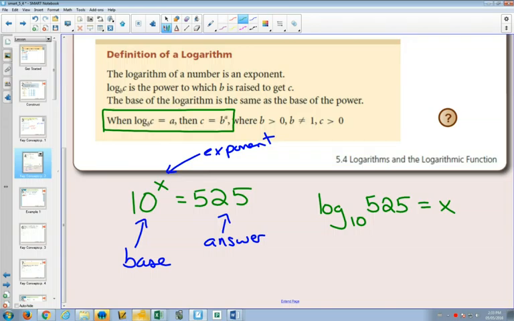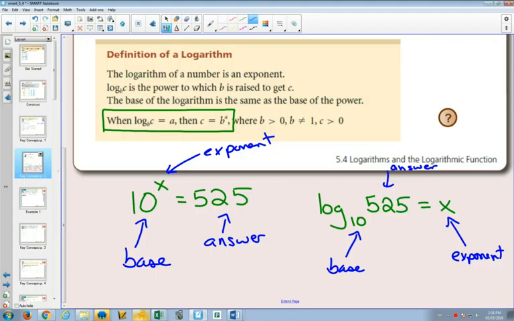Some things to notice in the log definition: what number you write here is still your base. Logs solve for exponents, so this is where your exponent goes. And right in here is your answer.